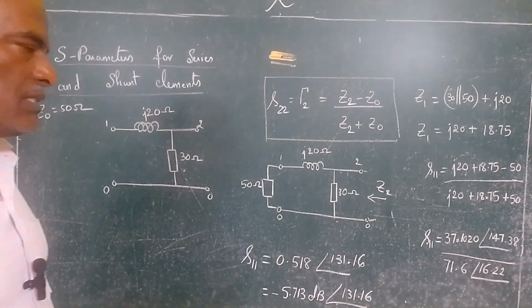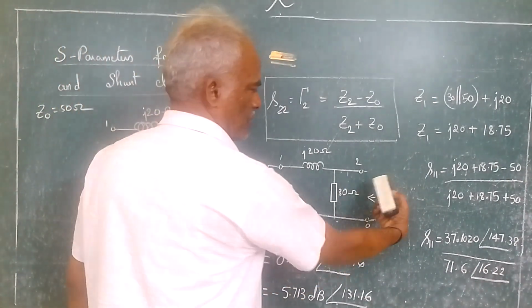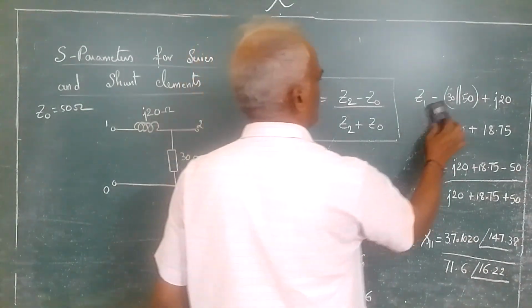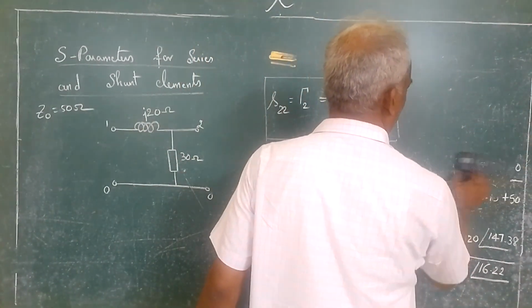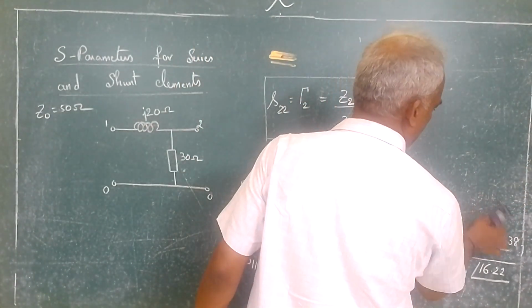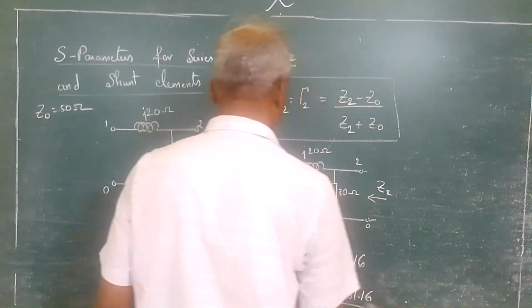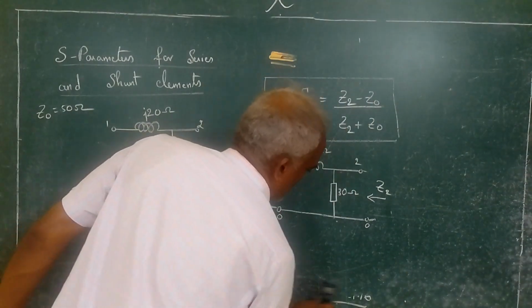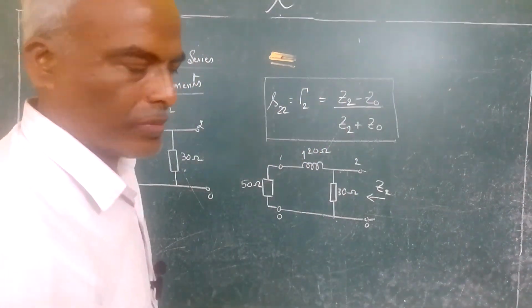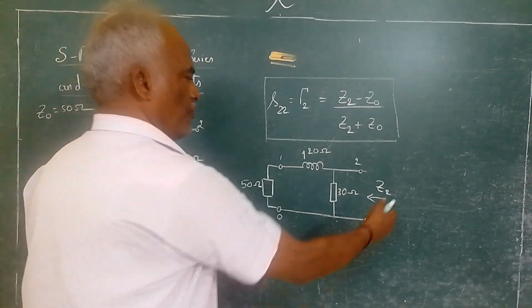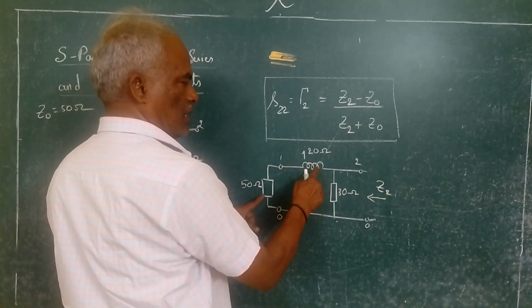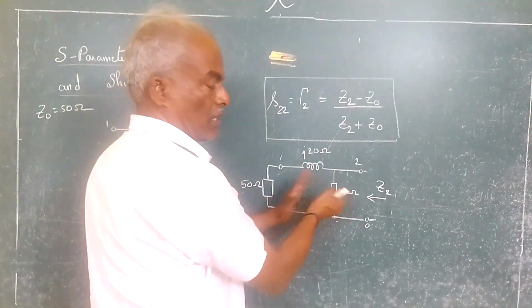We carry out the same procedure, but viewing from this point. If you view from here, these two are in series, and that combination is in parallel with 30.